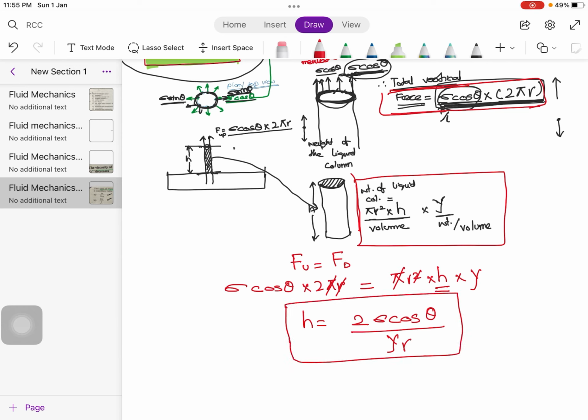So this is the equation we need to remember for the rise of a liquid in capillary.